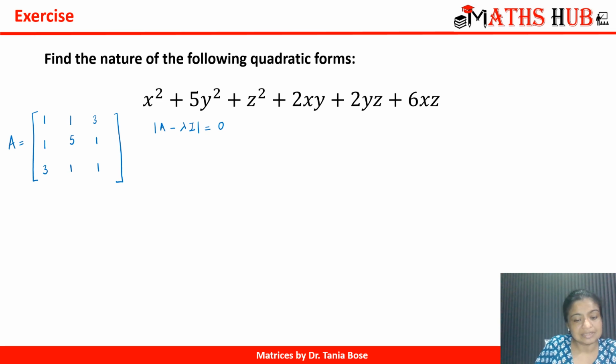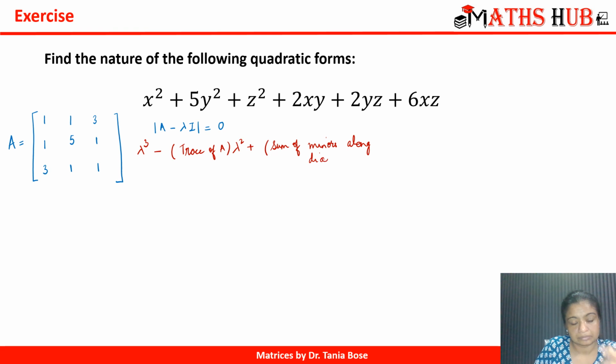The shortcut method is that you can take this equation: lambda cube minus trace of A into lambda square plus sum of minors along the diagonals into lambda minus the determinant of A should be equal to 0. So you can see that alternatively we are putting plus and minus.